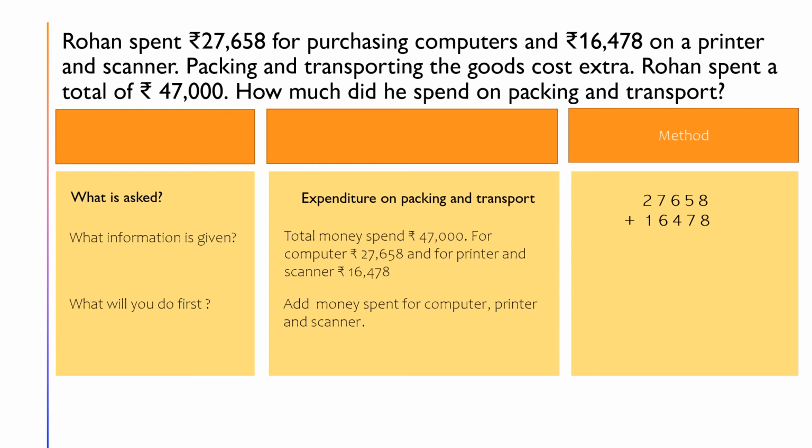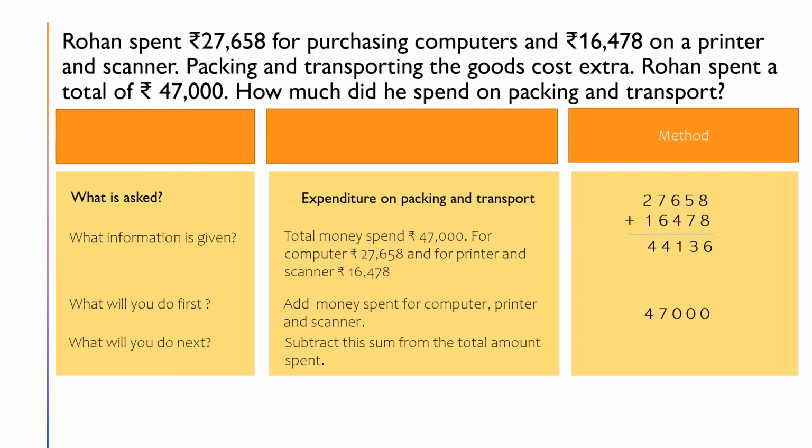27,658 plus 16,478, we will get the answer 44,136. Now what will we do next? So we will subtract this sum from the total amount spent. So the total amount is 47,000.